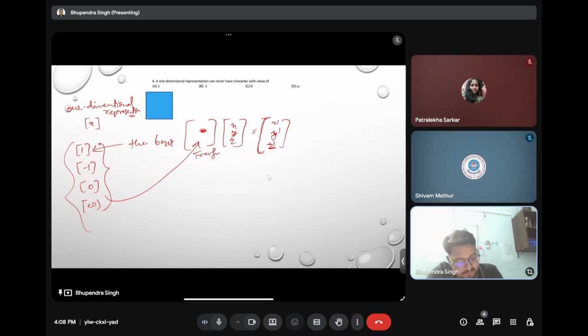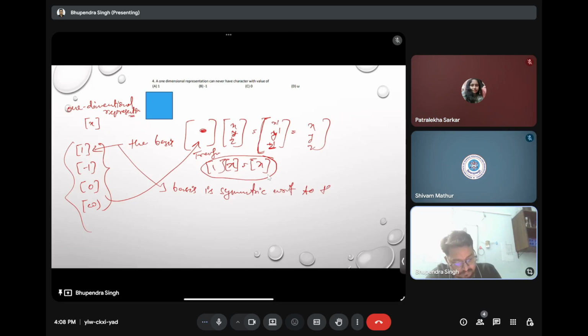So for this one you will get x, y and z. Let's say it is x. So it is 1, you will get x, right? So here the basis is symmetric with respect to that symmetry operation.